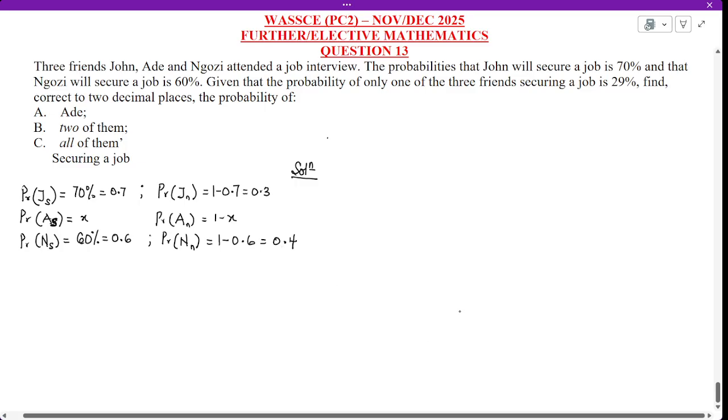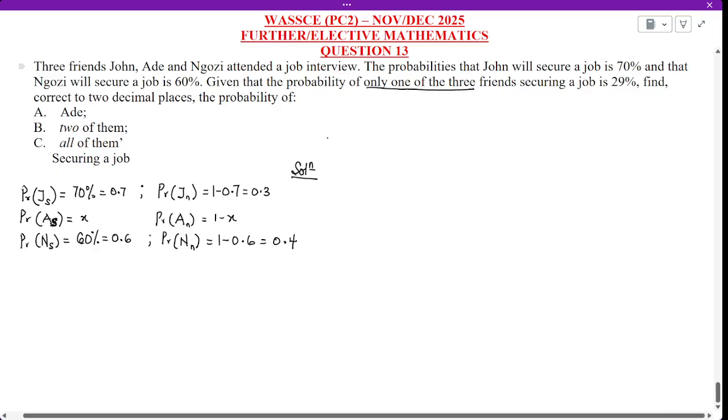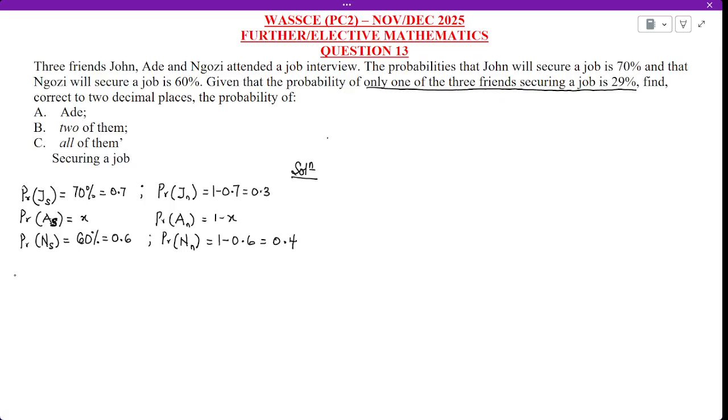Now they are making a statement here that the probability of only one of the three friends securing a job is 29%, only one.